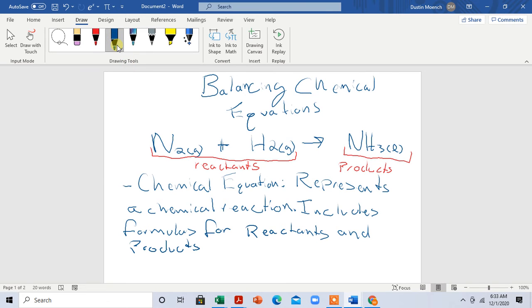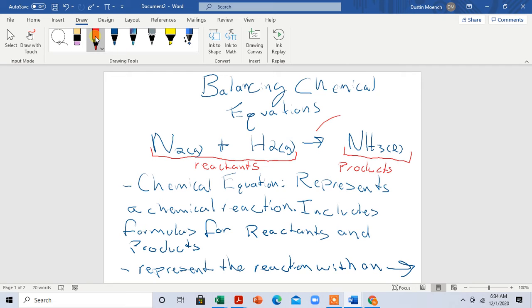And we represent the reaction with an arrow like this. That's how you know that a chemical reaction is taking place: there's this arrow that represents the reaction happening.